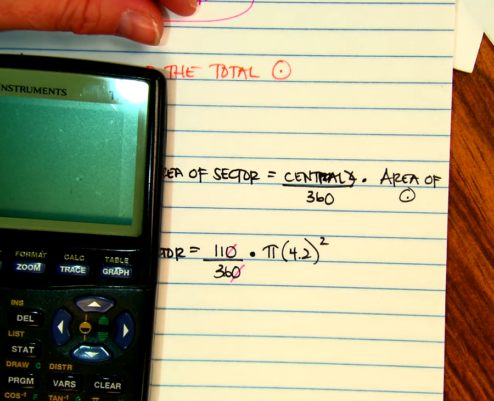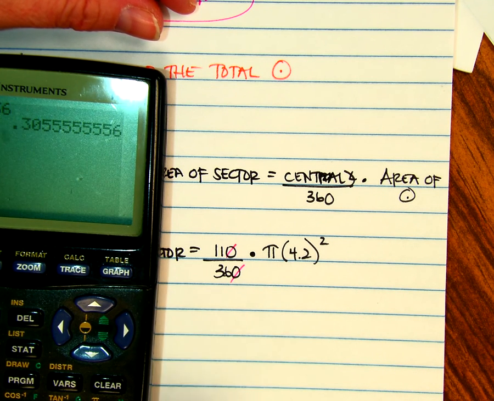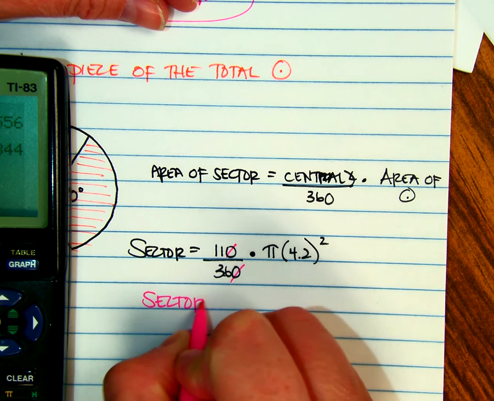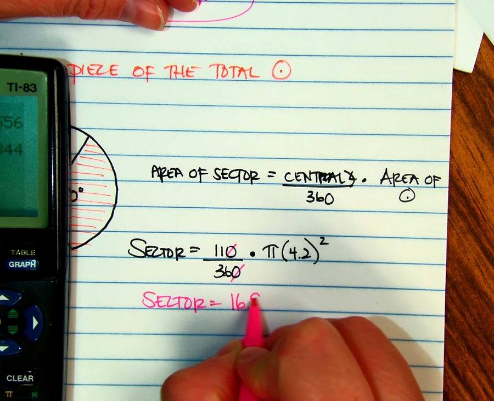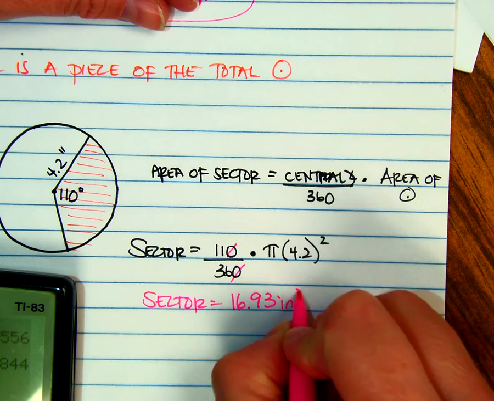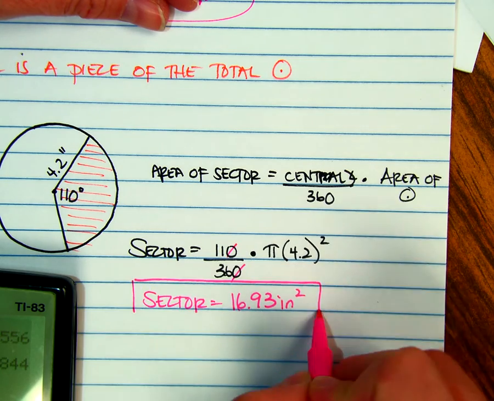So I'm going to type in very carefully 11 divided by 36 times pi. I'm going to put that other times in there because I don't know what it's going to do. 4.2 squared. And I get that the area of the sector equals 16.93. Because we're talking about area again, it's going to be inches squared.